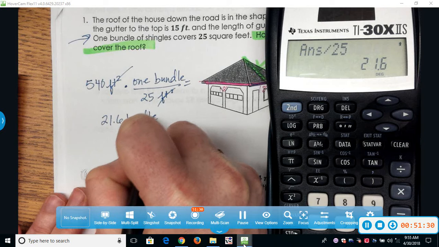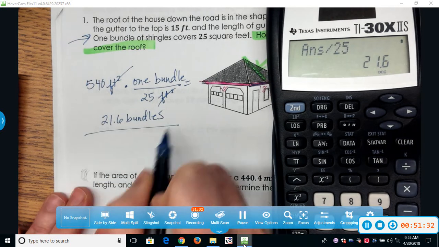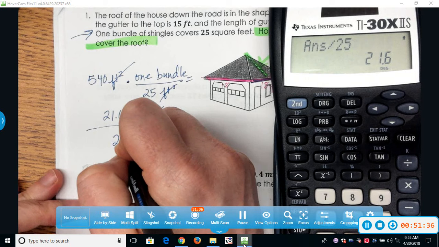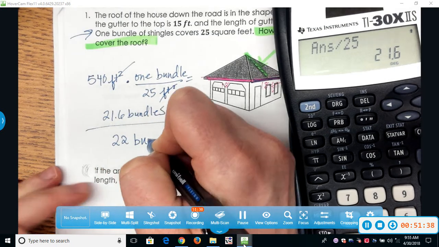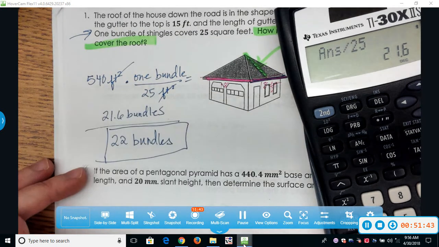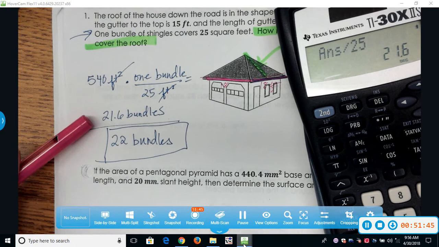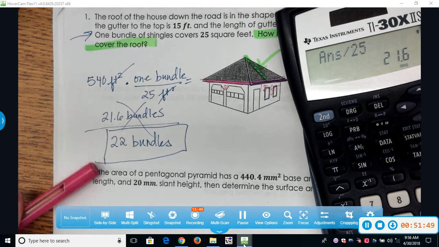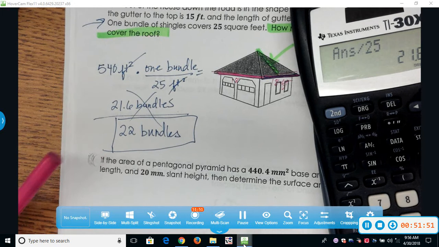All right, here's where I get annoying again. Can I buy 0.6 bundles at the store? No. I need to buy 22 bundles. Boom, that's my answer. If you put 21.6, FSA will mark you wrong. Don't fall for that trap. Think.